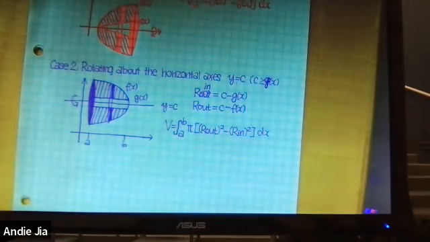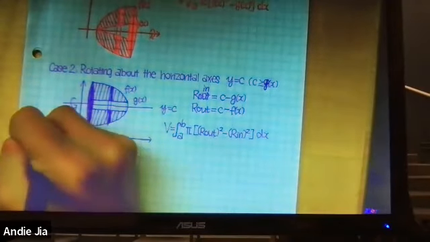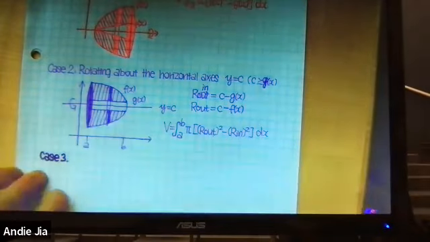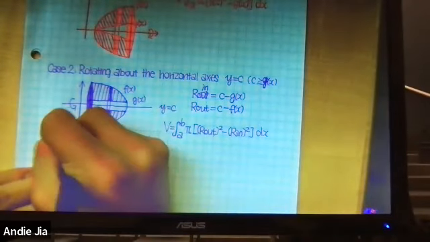And then the third case is when the curve is under the x-axis. Still roughly about a horizontal axis, y equals c.